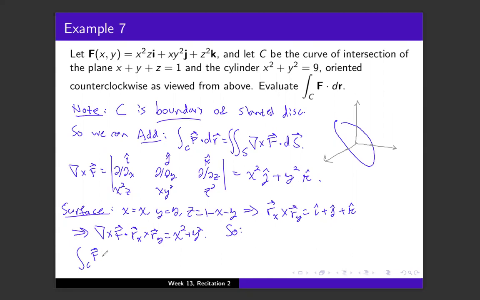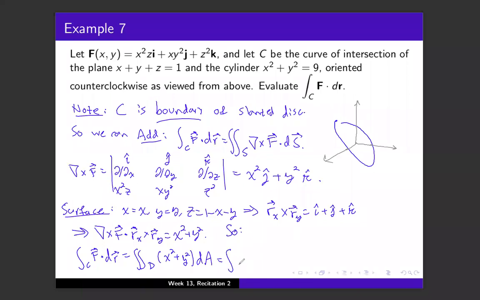So what Stokes' theorem tells us in this case is this is the double integral over this region D, x squared plus y squared dA over that parameterization. And I think the best thing to do here is to hit that with polar coordinates.